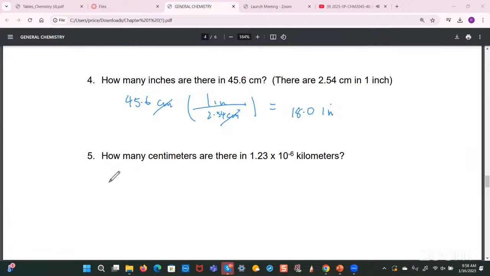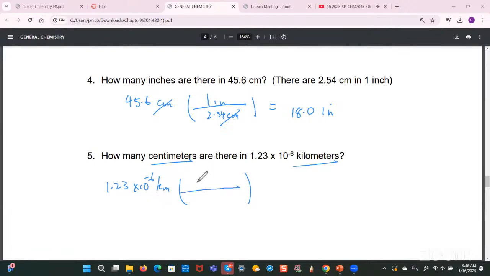Let me start you off. We're going to start off with 1.23 times 10 to the minus 6 kilometers, right? So what would you multiply this by first thing? Remember the aim is to go from kilometers to centimeters.